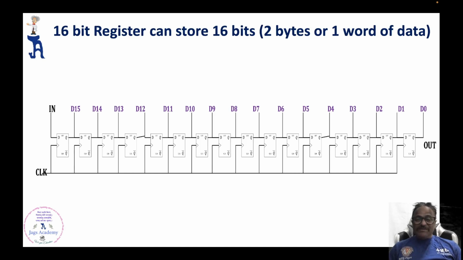This shift register can not only store a 16-bit value, it can also shift right or left whatever data is stored in it. So shift operations can also be done in these shift registers.